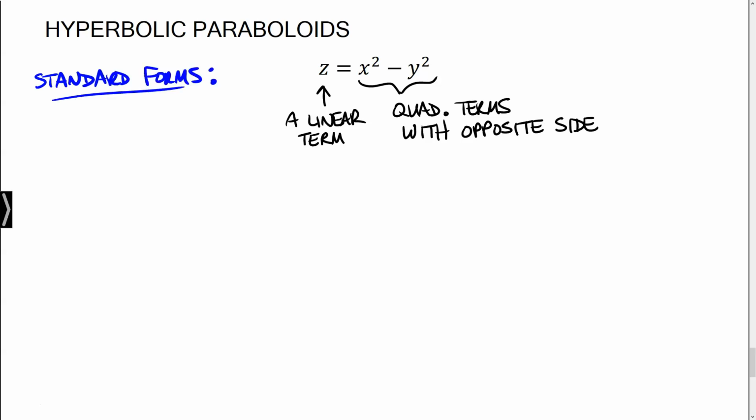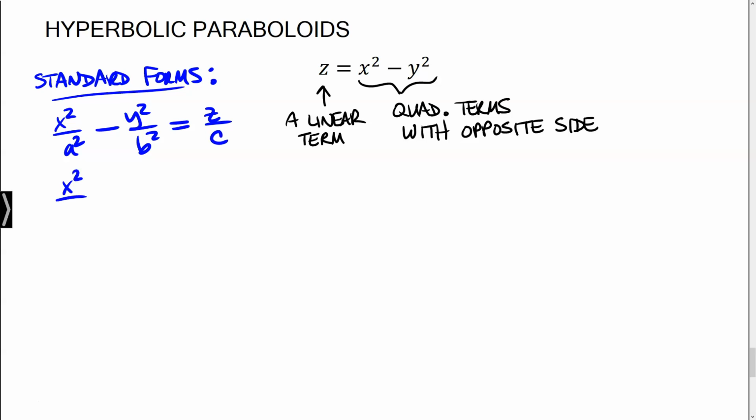So the standard forms here would be either x squared over a squared minus y squared over b squared is equal to z over c. Here c could be positive or negative. So if c is negative, then you would switch the sign. Then it would be y squared minus x squared.